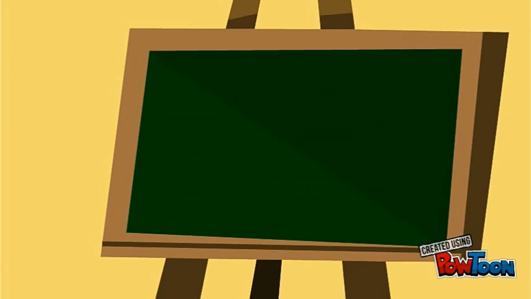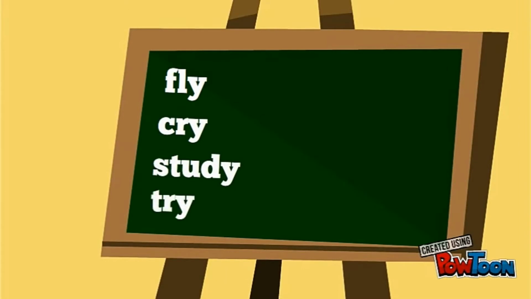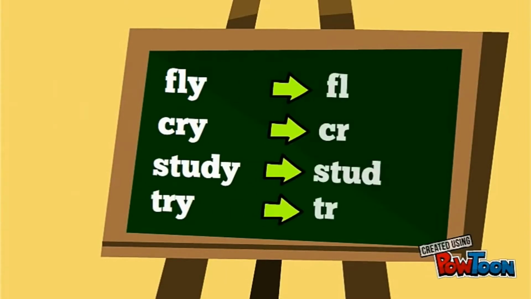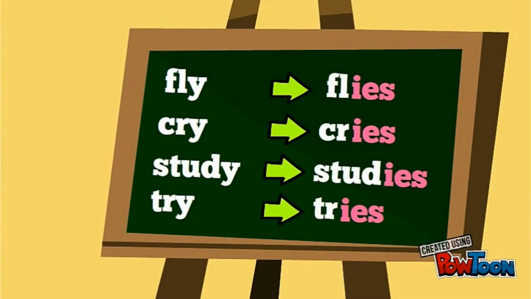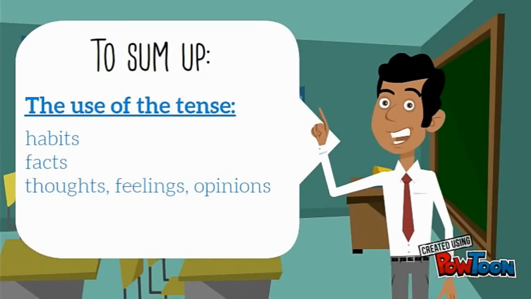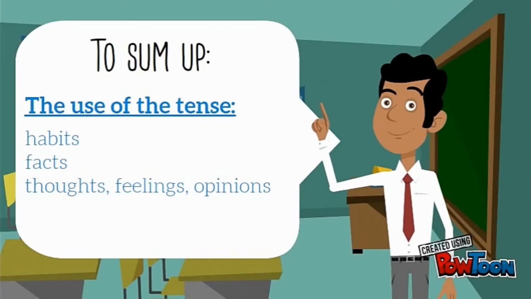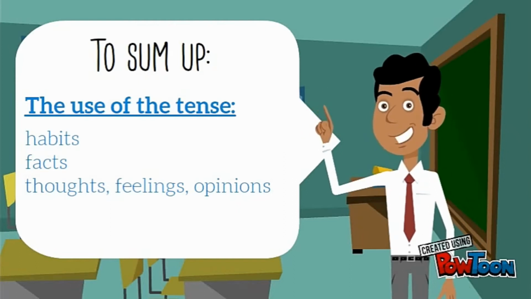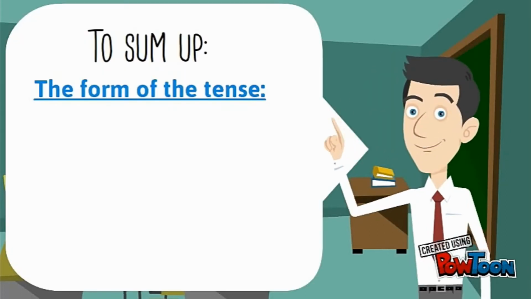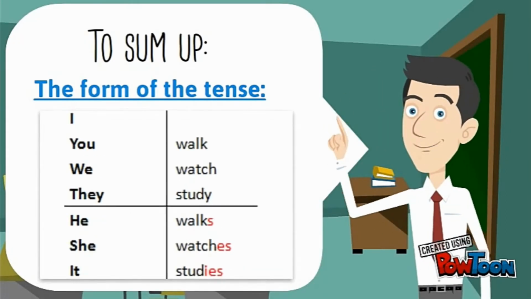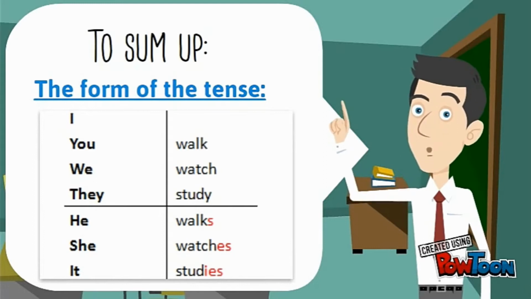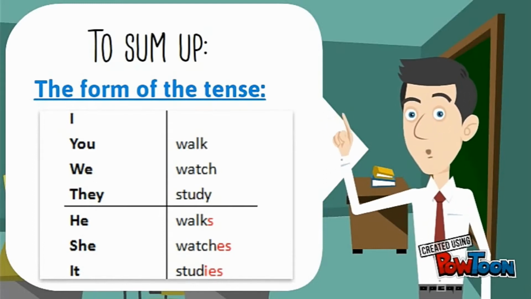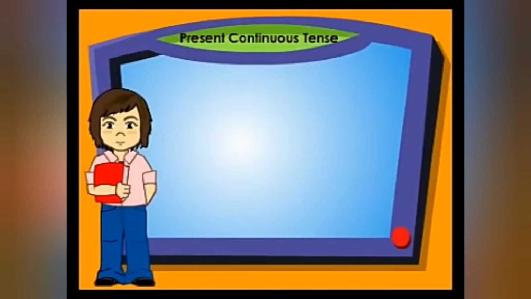Just like that, fly, cry, study, try will be flies, cries, studies and tries. So, to sum up, we will know that to use of the tense, we have habits, facts, thoughts and feelings. So, this is present simple tense, and you use plural verb with plural subject and singular verb with singular subject.